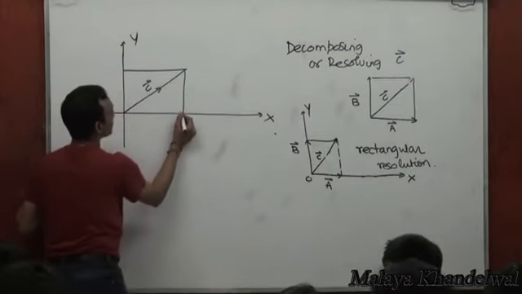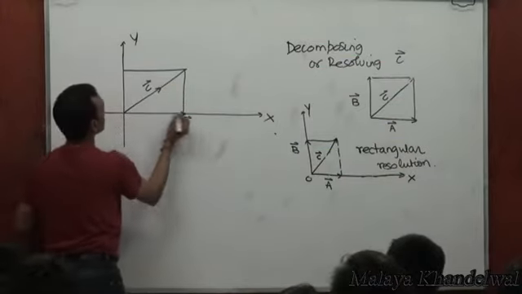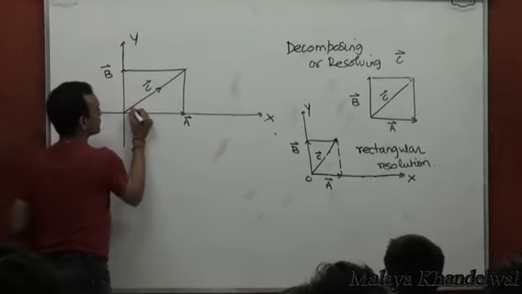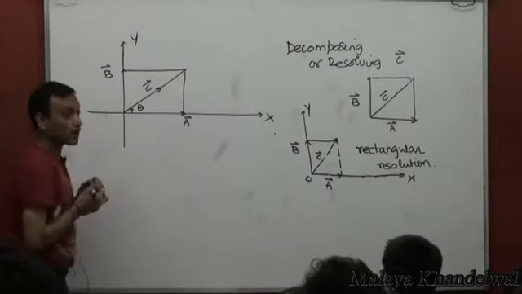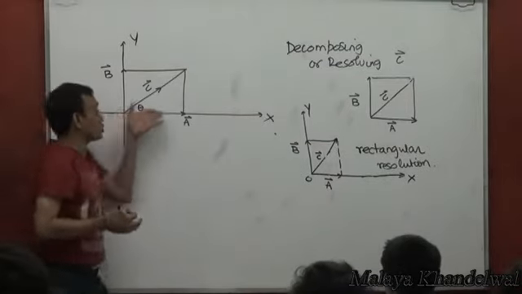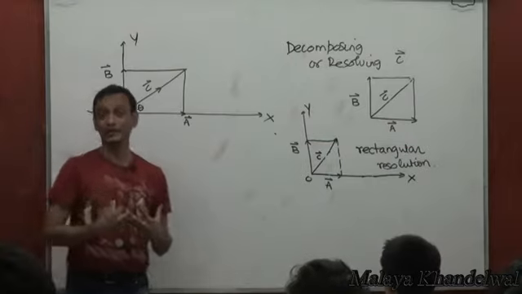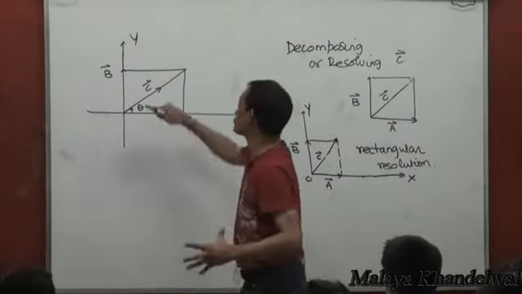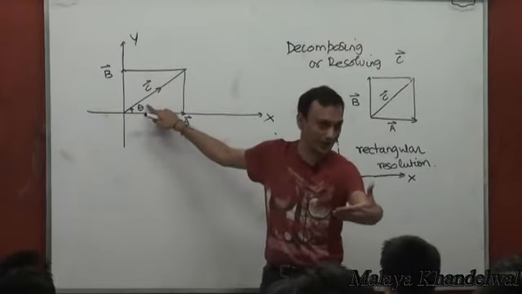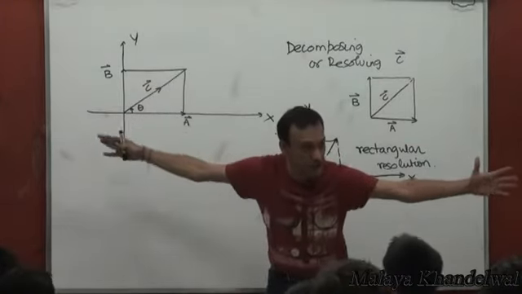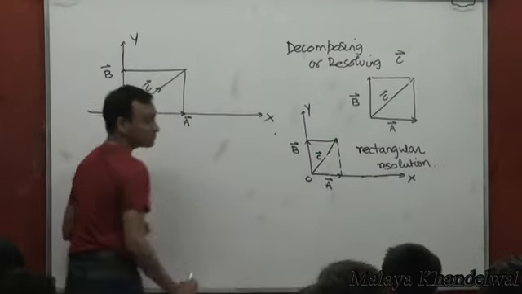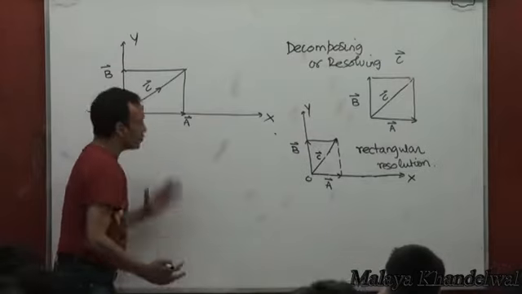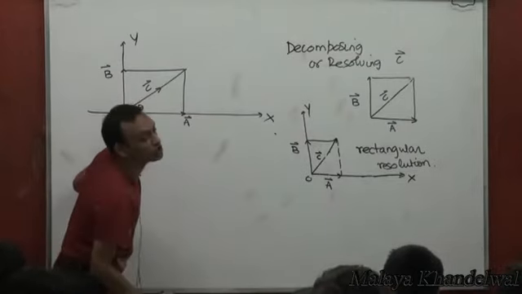The vector C, vector A, this is the vector B. This is theta. Theta would have to be given. After all, once you are choosing the x-axis, then they would have to tell you, or rather you would have to decide how it's oriented with respect to C. So this theta would be known to you. Yes or no? So you can choose your theta. So choosing your x-axis is like choosing your theta, isn't it?